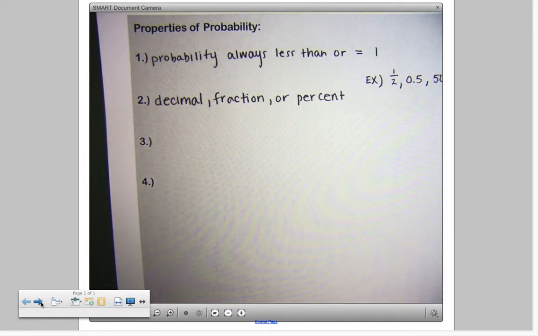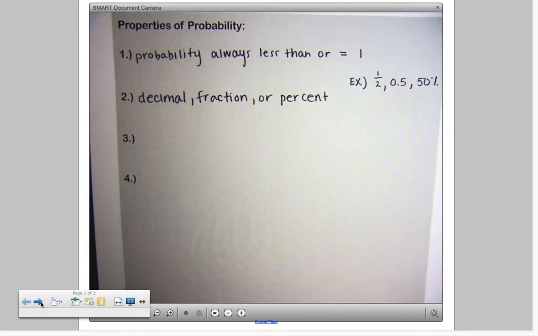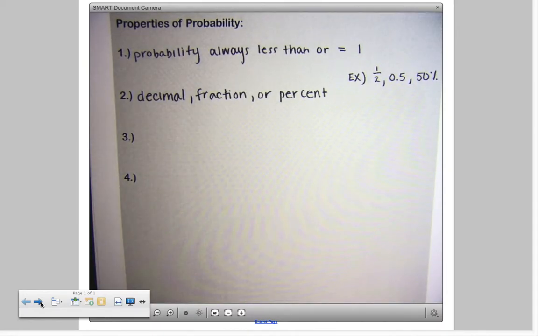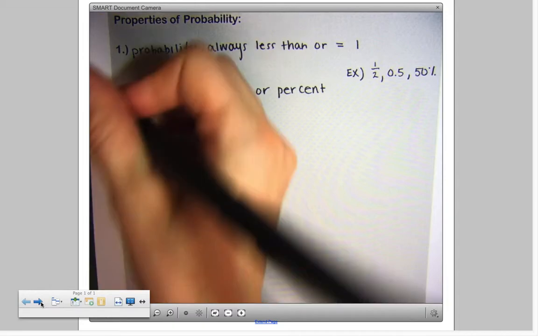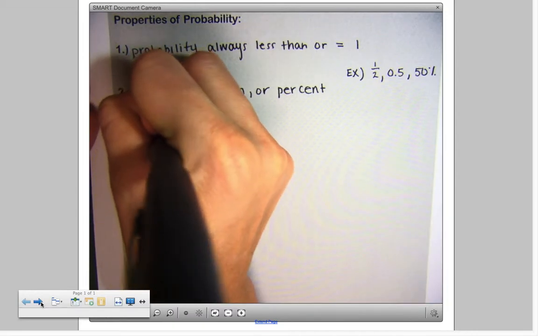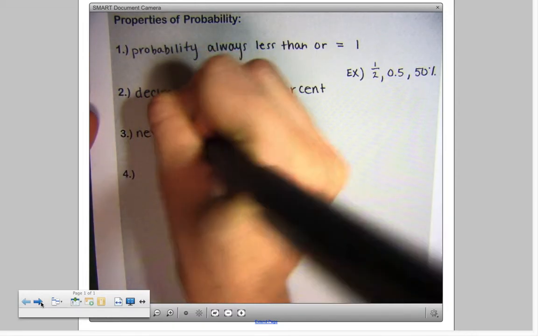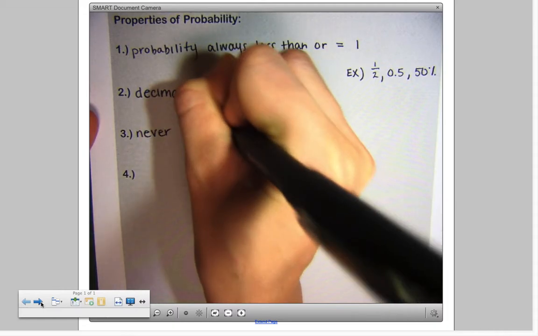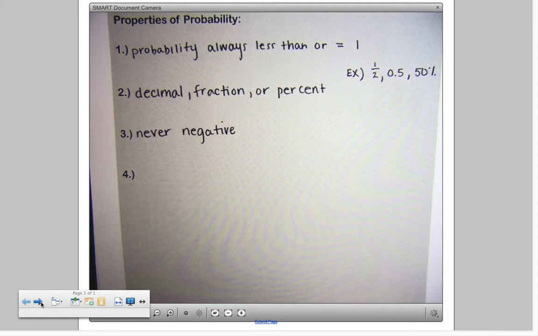All three of those mean the exact same thing, and I'll take all three of those answers. Okay, third thing, probability is never negative. If something's not possible, the probability will just be 0. It can never be negative.